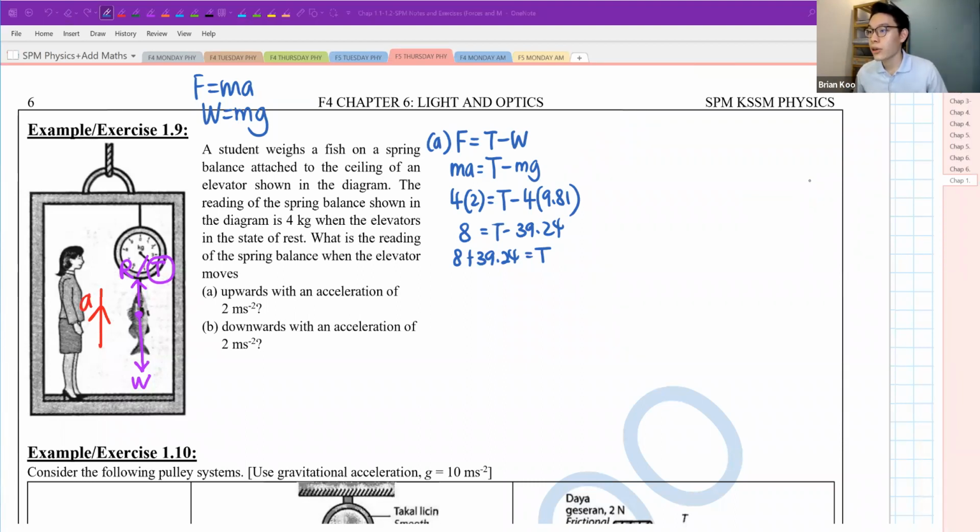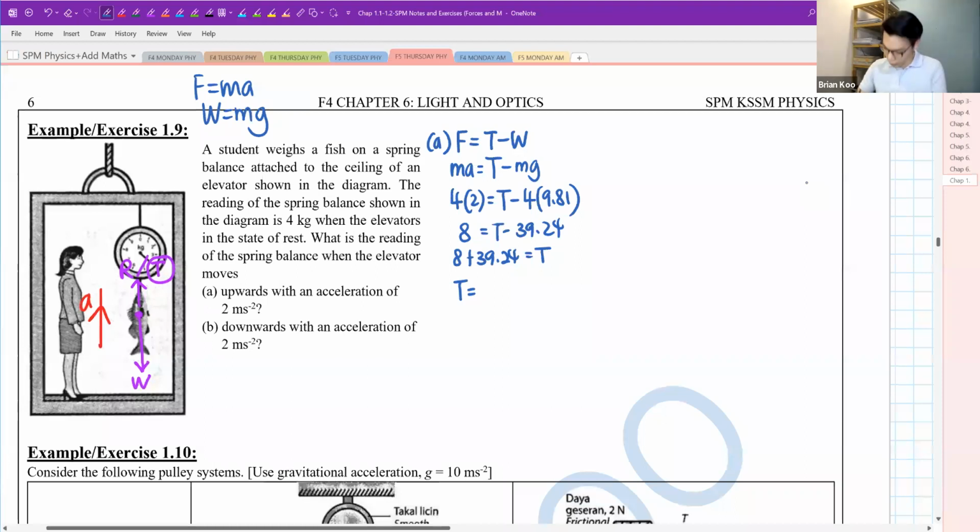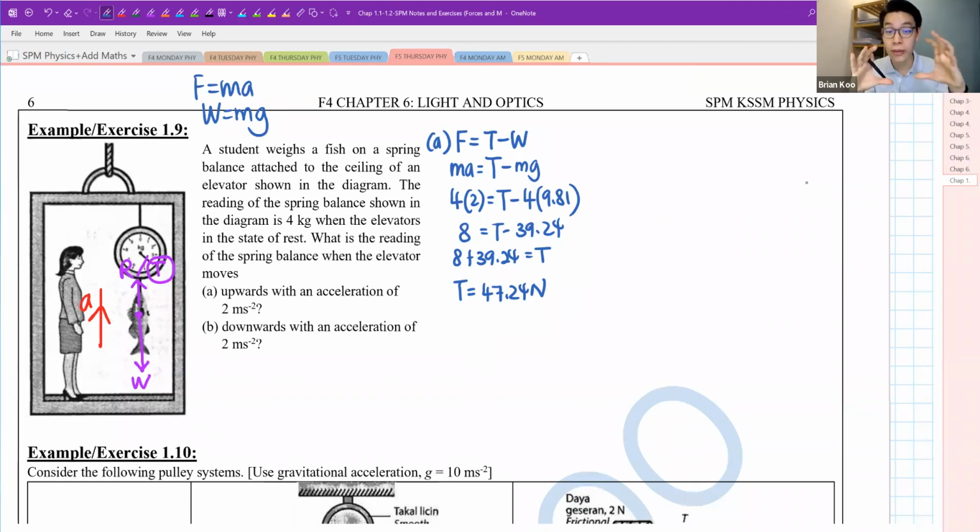So T is going to be 8 plus 39.24, which is 47.24 newtons. That is the reading. But this one is a bit special. Sometimes your scale, spring balance sorry, could be in kg. It could also be in newtons. But this spring balance is in kg.